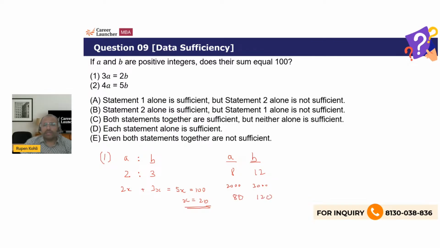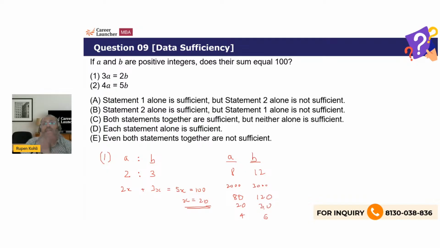80 and 120. It could be 20 and 30. It could be 4 and 6. Is anybody stopping a and b from taking these values? Tell me. So is it necessary? Is it guaranteed? Is it ensured that a and b equal 100?